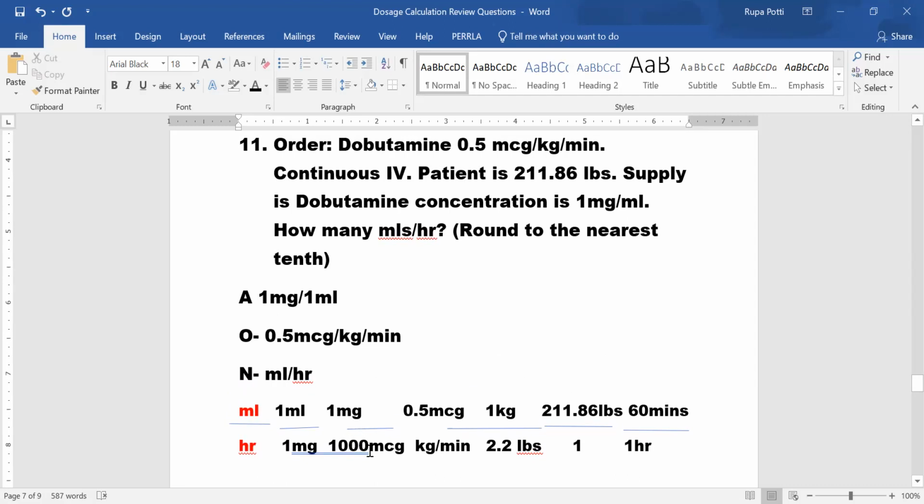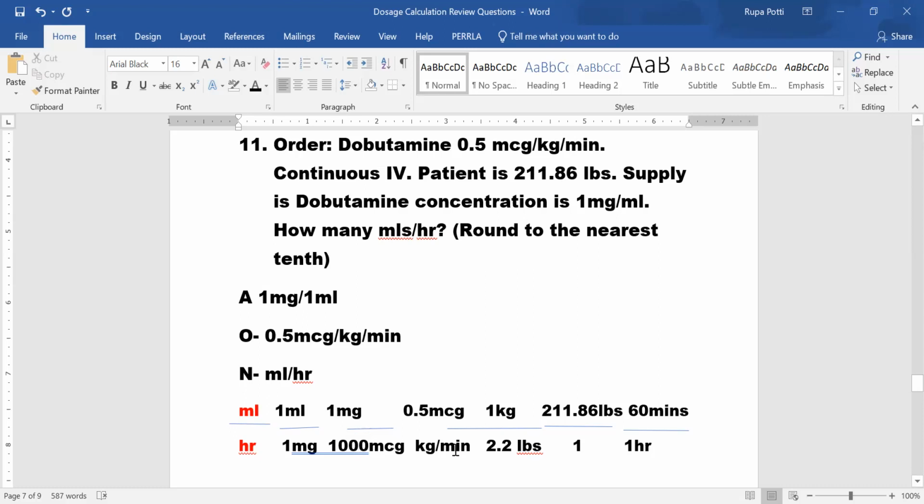So 1 milligram is 1000 micrograms. And because you have micrograms, you're going to start your problem in your numerator with micrograms, and you have 0.5. And that 0.5 micrograms is associated with kilograms per minute, which is going to be your denominator. Now, your patient weighs in pounds, you have kilograms.